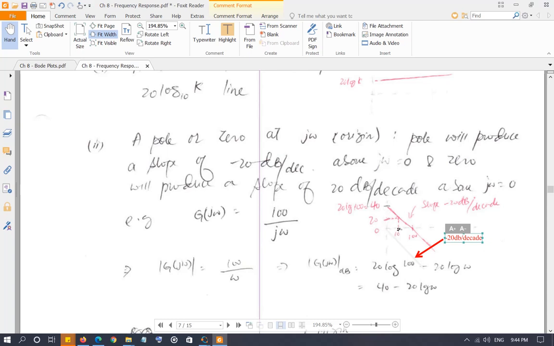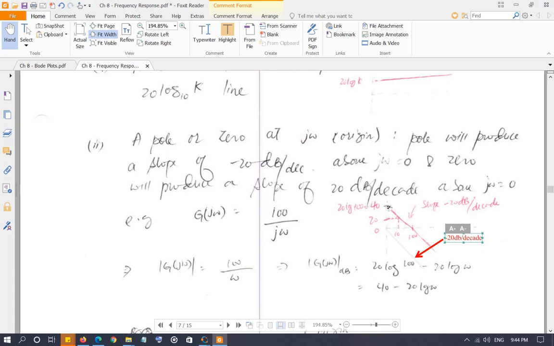At 10 radian per second, you have negative 20 and positive 40, so the value is positive 20. At 100, you have negative 40 and positive 40, value will be 0. At 1000, you have negative 60 and positive 40, the value is going to be negative 20.